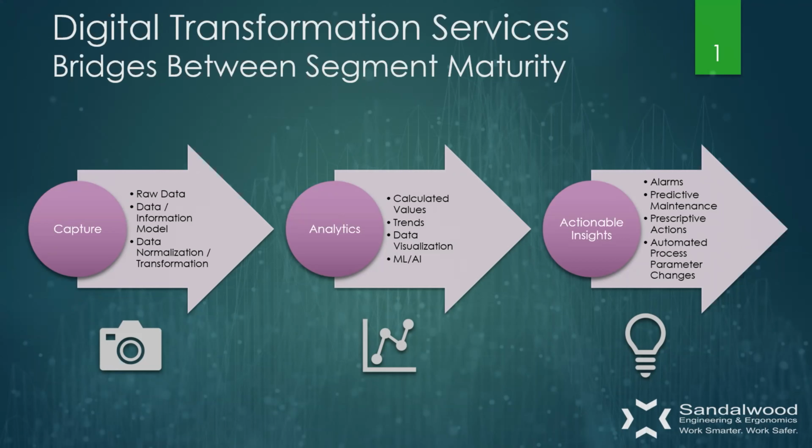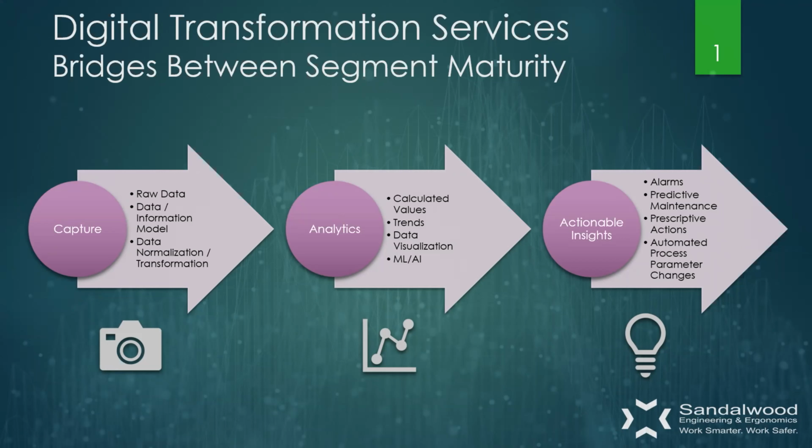On the actionable insights side, in addition to andon or display boards, being able to set up alarming systems is a good first step. As you start moving further along, utilizing some of the ML and AI techniques, you can start to get into predictive maintenance.